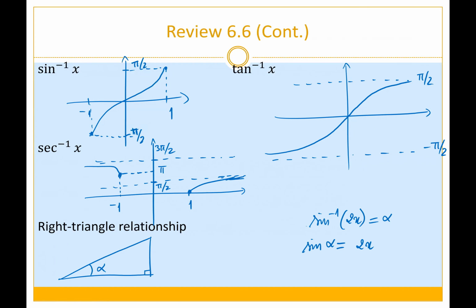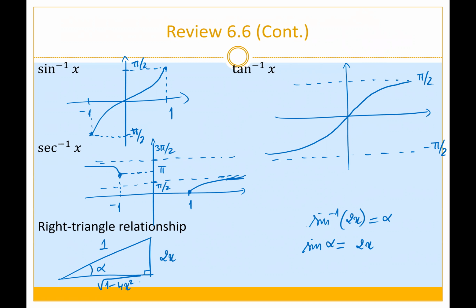Now, alpha has to be an acute angle so that the value of sine exists. Sine of that is 2x. Sine is opposite divided by hypotenuse, so we have 2x, this is 1, and the other side is just square root of 1 minus 4x squared. I think you should be really familiar with that.